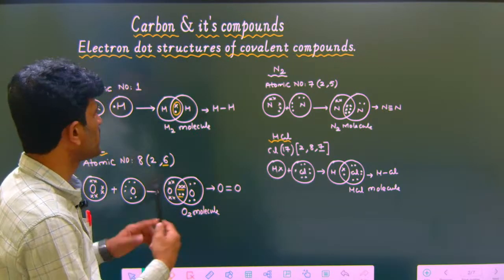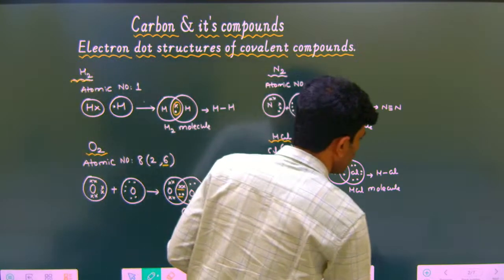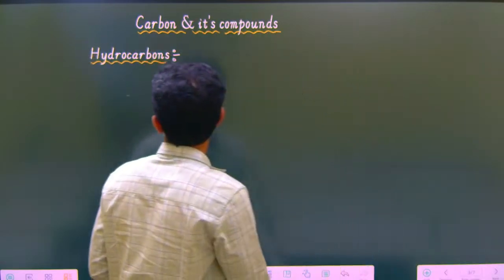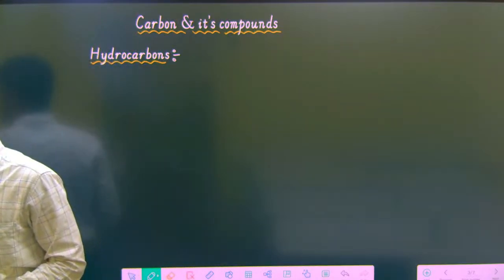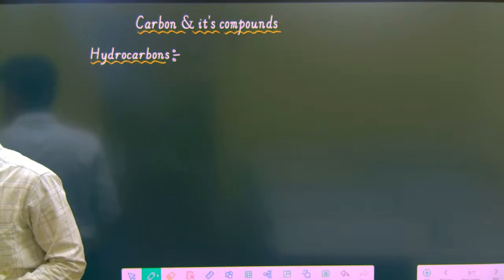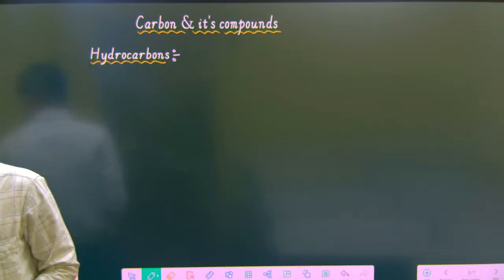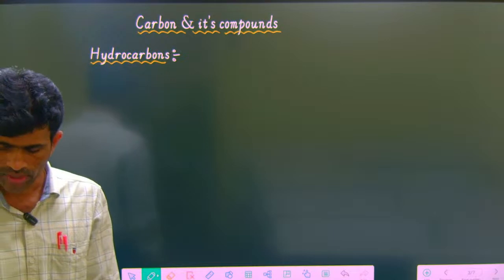Now let us see the next important topic in carbon and its compounds. The next important topic is hydrocarbons. What are hydrocarbons? Do you all have an idea about hydrocarbons? What are the different types of hydrocarbons we have? There are two types of hydrocarbons.